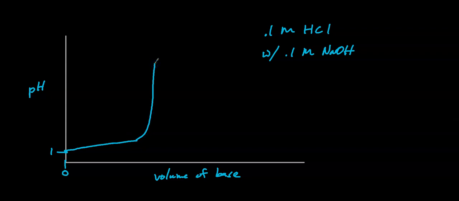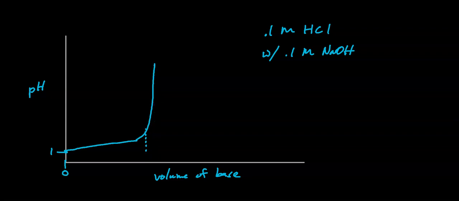So this is nearly vertical. So if we look at from here to here, the amount of the base that is added is very small, but the pH jumps up quite a bit.